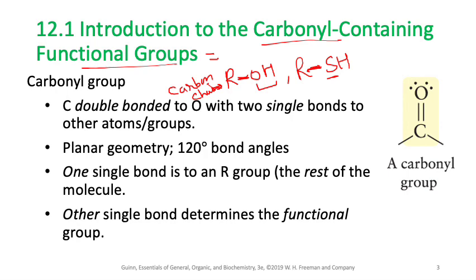So in this chapter, we're gonna talk about functional groups that have a special group present, which is a carbonyl group. Whatever functional groups we talk about in this chapter have this common feature, which is called a carbonyl group.